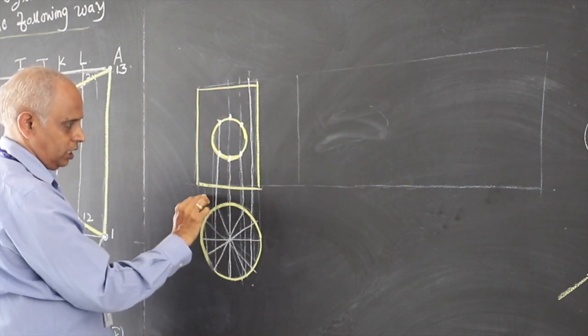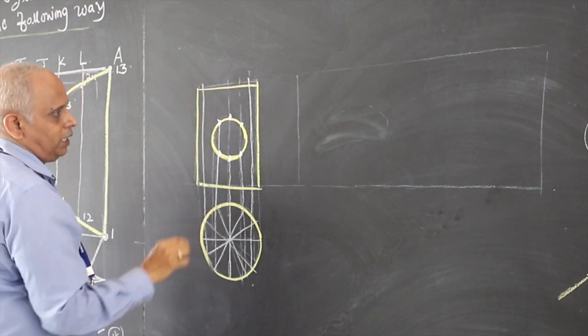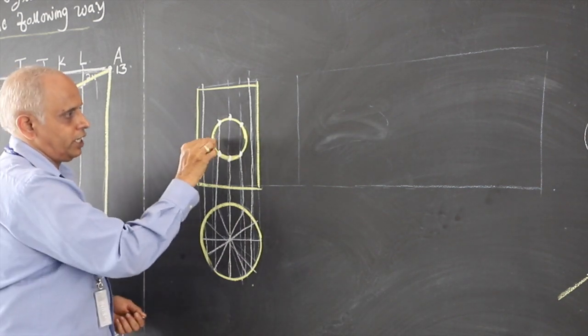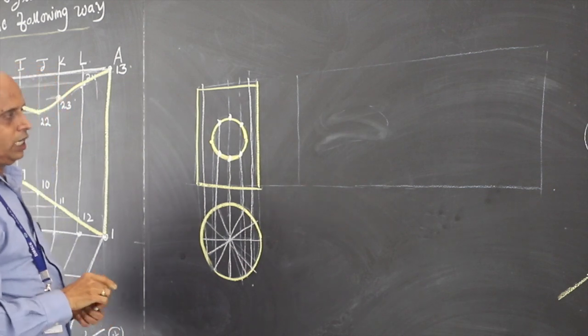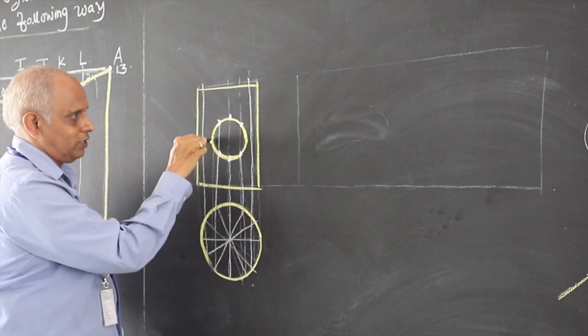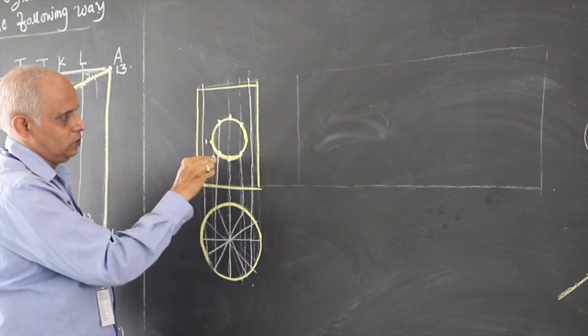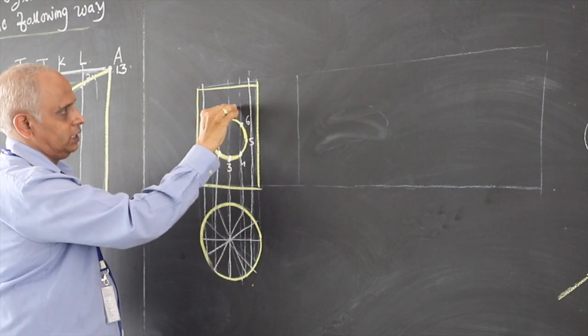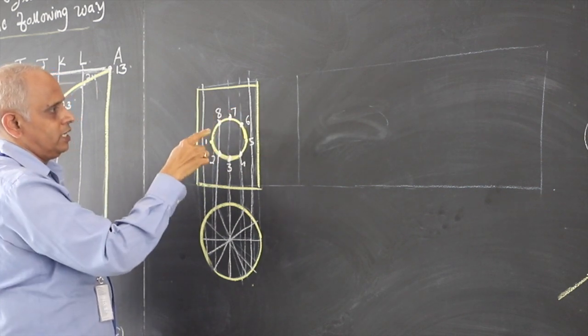Here also it is not cut by the circle. But it is very important for you to locate this change of direction along the horizontal line. Therefore, when you name it, this should be your section points 1, 2, 3, 4, 5, 6, 7, 8.